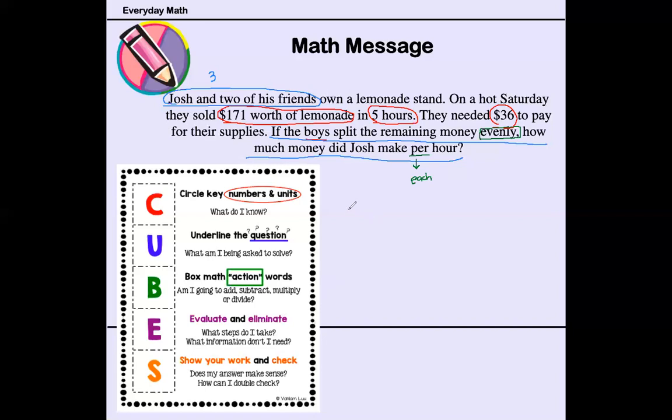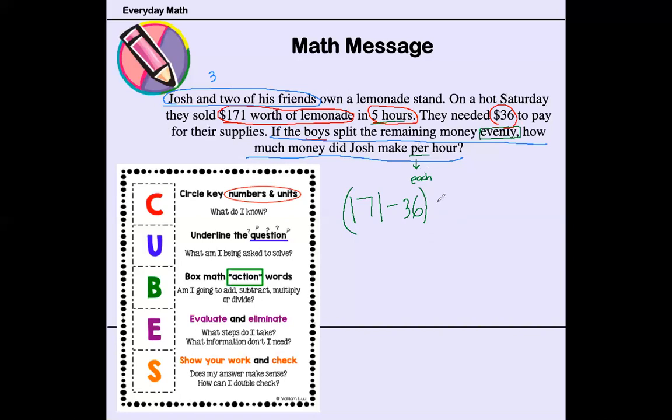I think first, let me see if I can do it with this. First, I would have to find out, well, altogether they earned $171. And I would have to subtract 36 because that's how much it cost for all the supplies, right? That's the first step. Next, how many hours did they work? 5 hours.